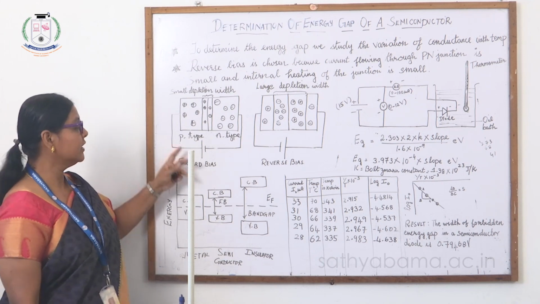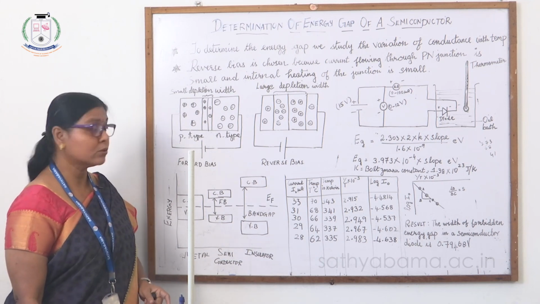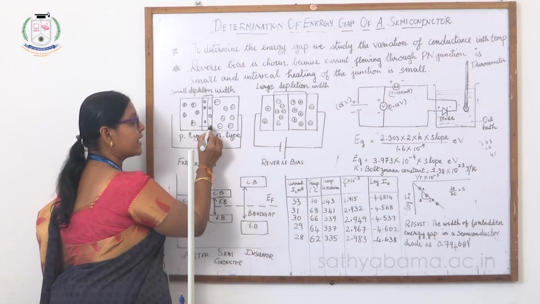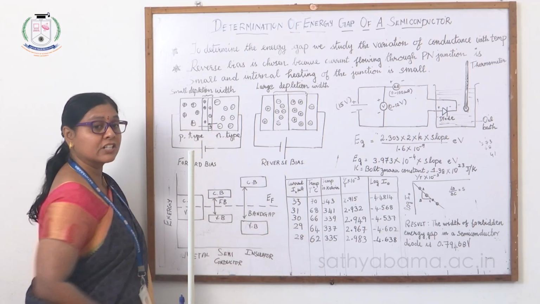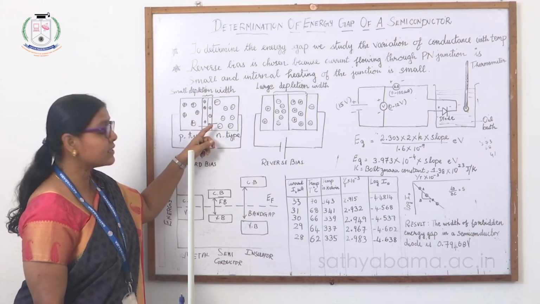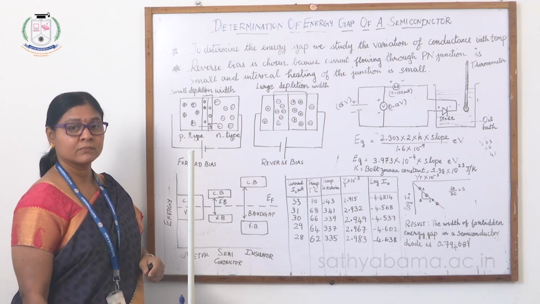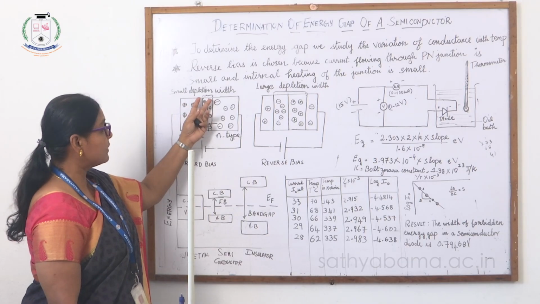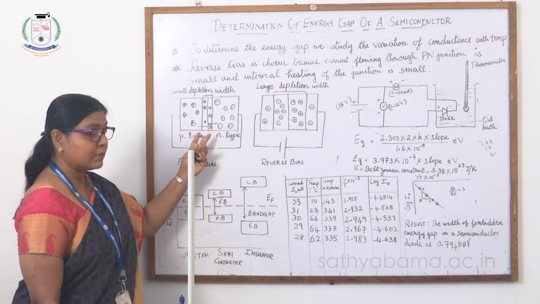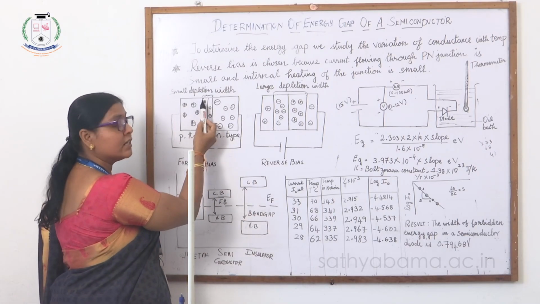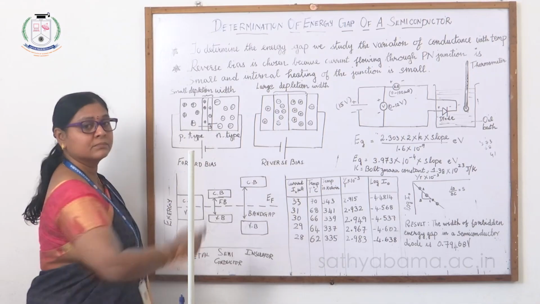And you know that during this forward bias mode, there is going to be a movement of holes and electrons across the junction, and this will result in the flow of current in the junction. Automatically, the depletion region becomes narrower. That's why I've written it has a smaller depletion width.